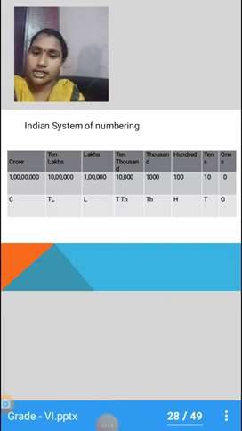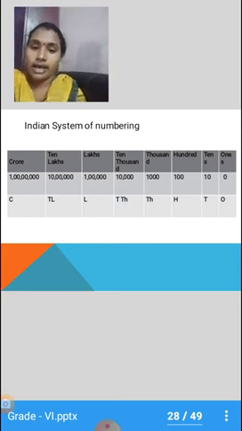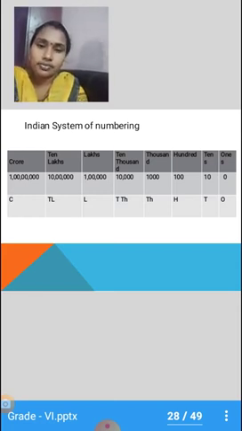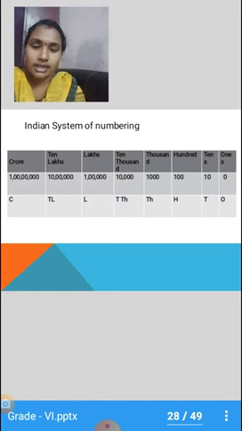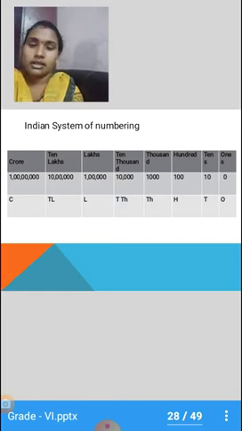This is the Indian system of numbering. So we have ones towards your rightmost end, starting with ones, followed by tens, followed by 100. Okay, children? So after 100 we have a period.